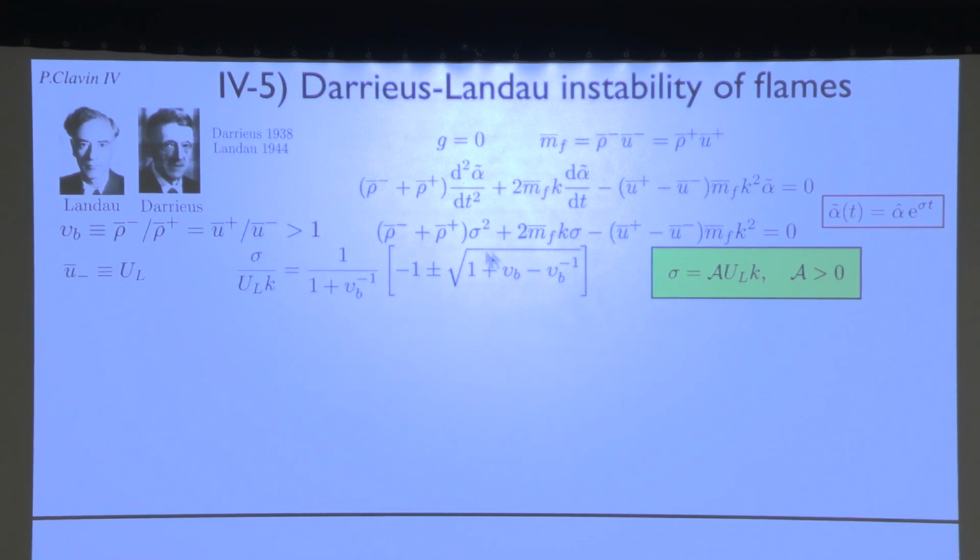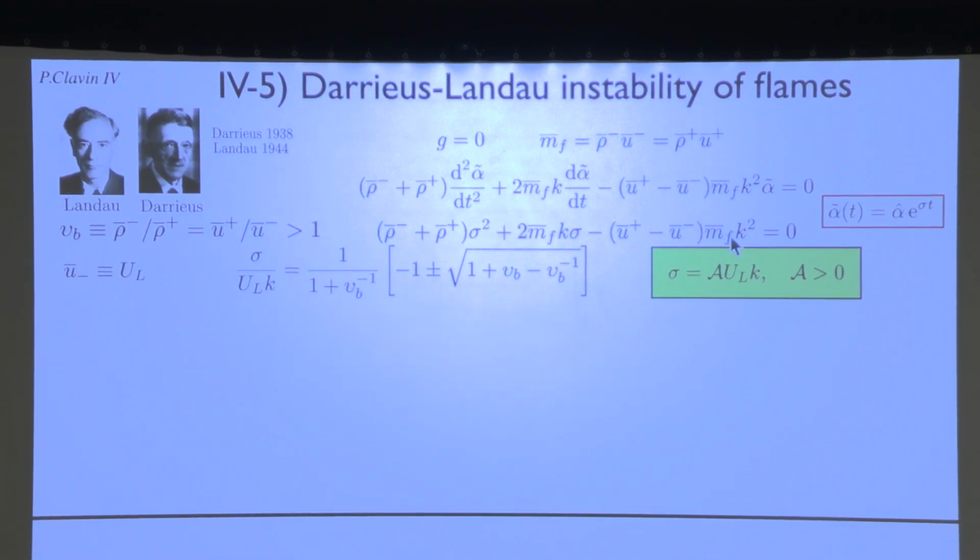And VB is the inverse of the density, so 1 over rho B, okay? And by definition, this term is positive. So you have a root plus here that tells you that there is a growth rate, a positive growth rate that does exist.